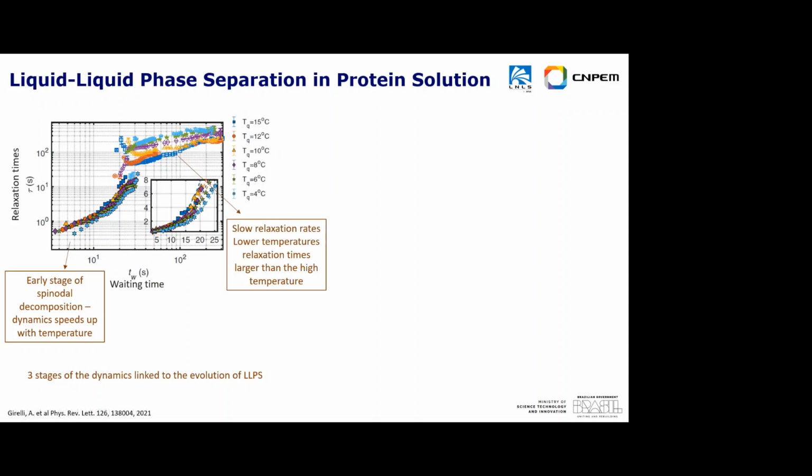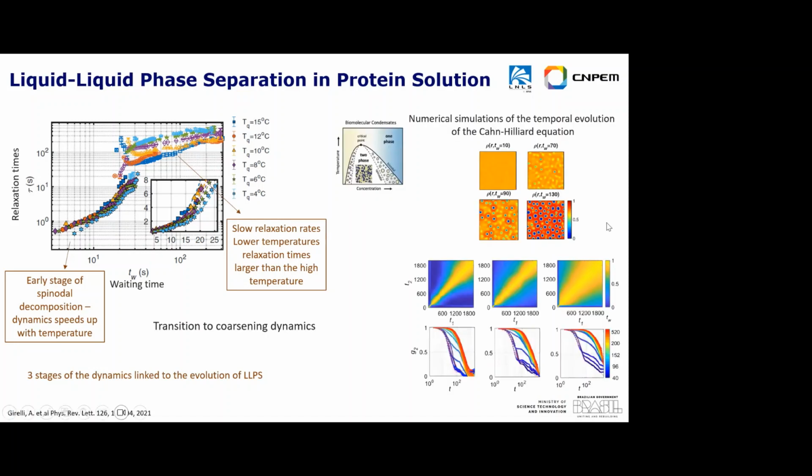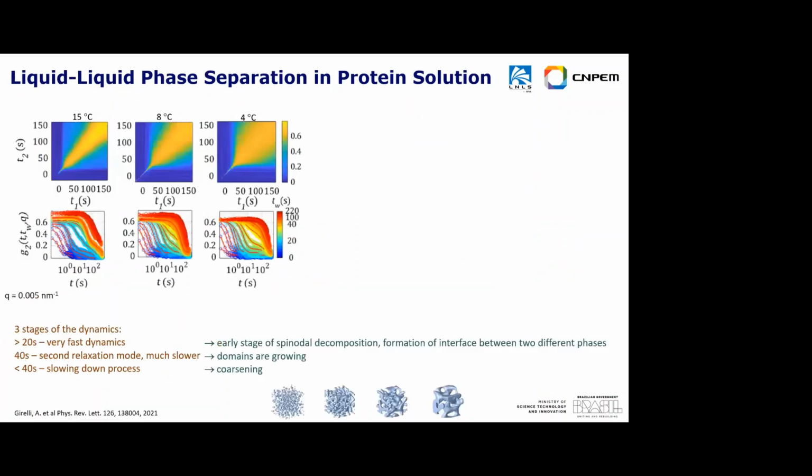Due to these results, they wanted more information about this spinodal decomposition process. They simulated the spinodal decomposition using the Cahn-Hilliard equation, and it was really nice because they could simulate the one-time and two-time correlations, depending on the stage of the spinodal decomposition, and it fits the experimental data really well. Then they could better understand the three different stages of the dynamics.